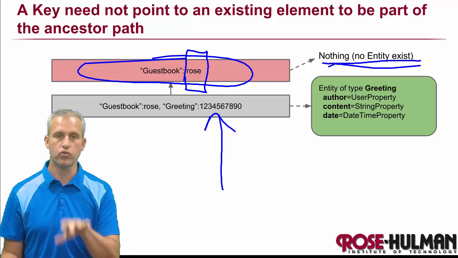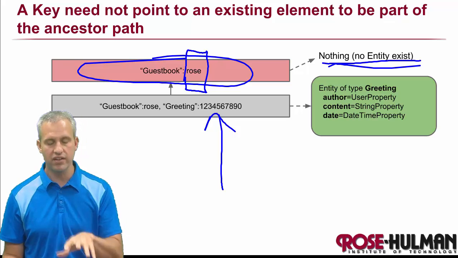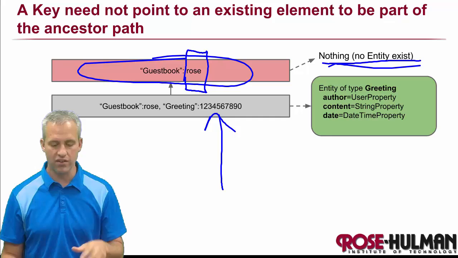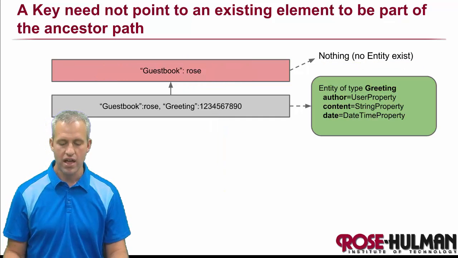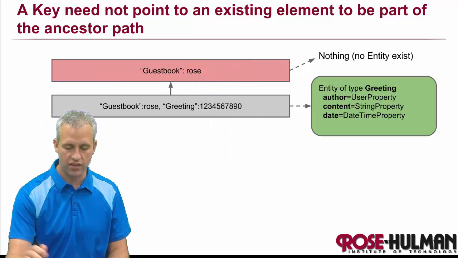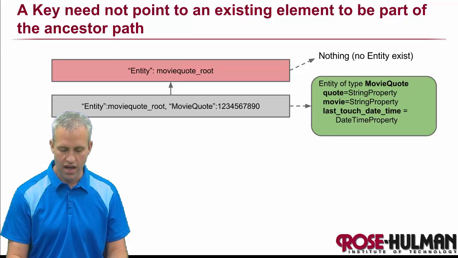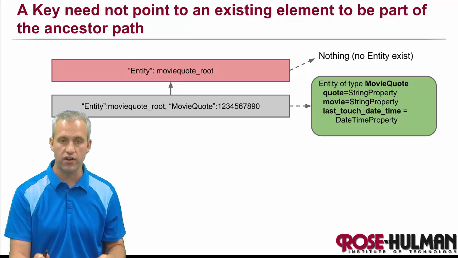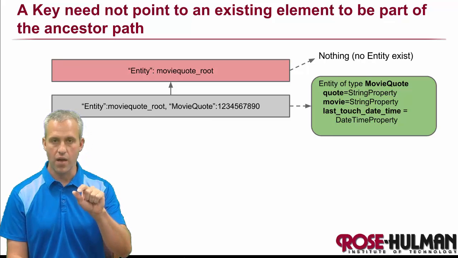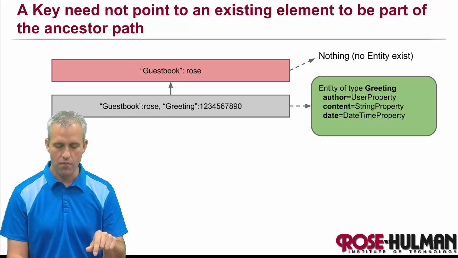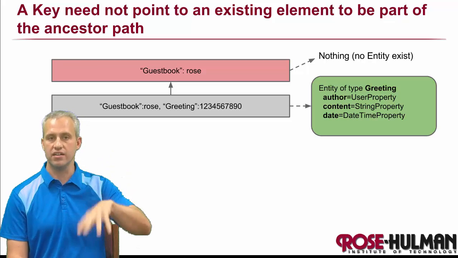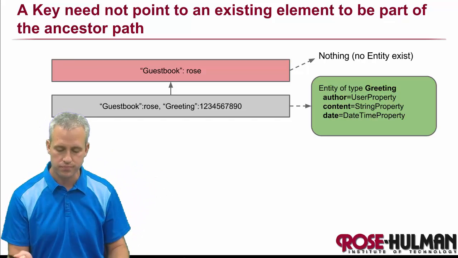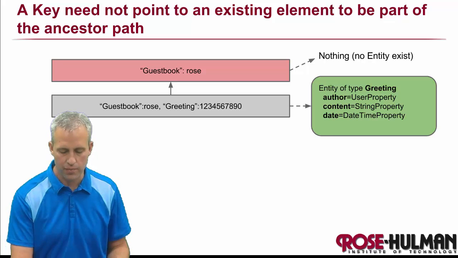So somebody at Google, when they were thinking about this tutorial, designed a data model. And to be honest, they designed a very simple data model. And it's no coincidence that the data model that they designed and the data model that we designed in movie quotes are quite similar. The only way they're different is that we have only one parent, whereas in theirs, they let you assign different guest books, right? So that's an important thing to say about keys.